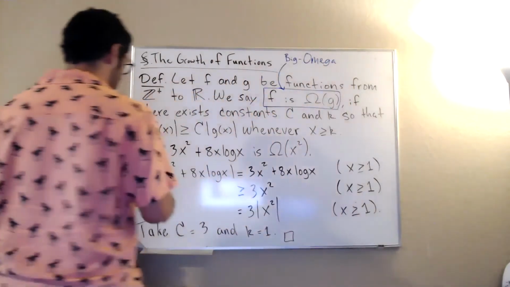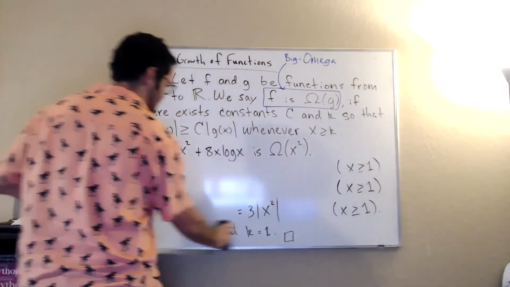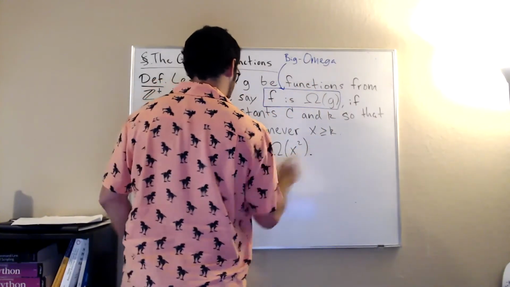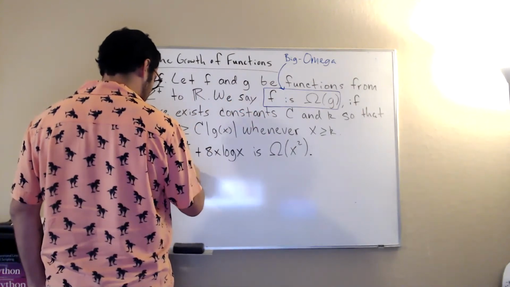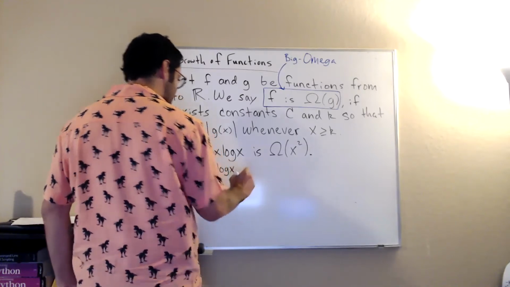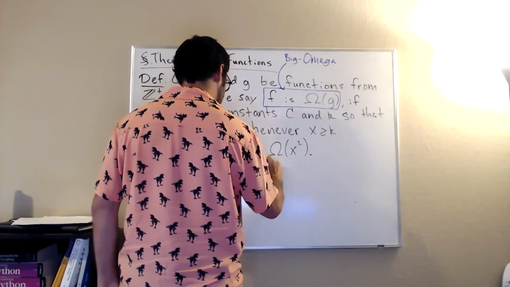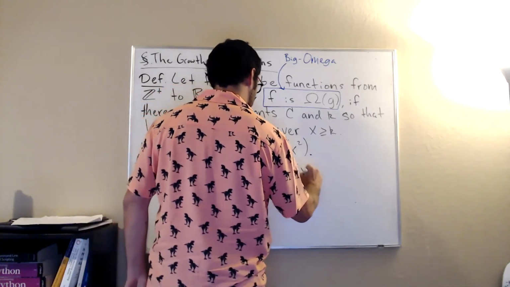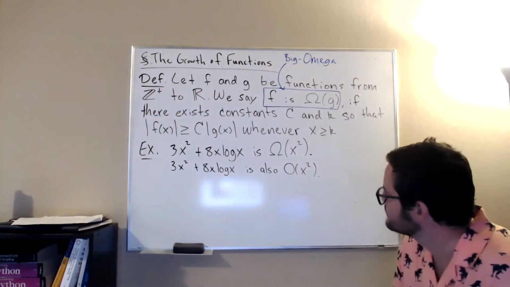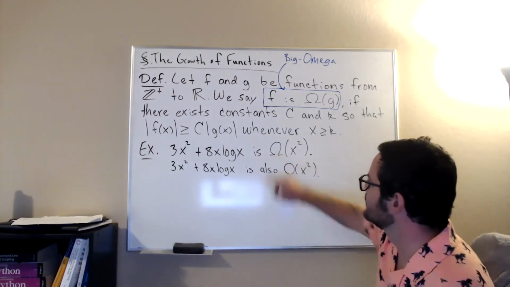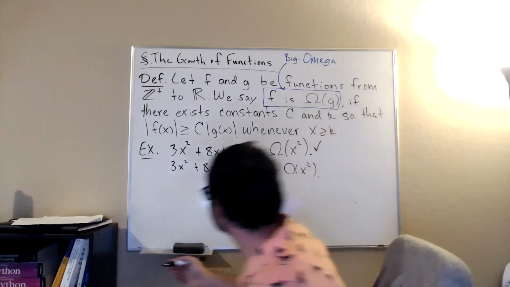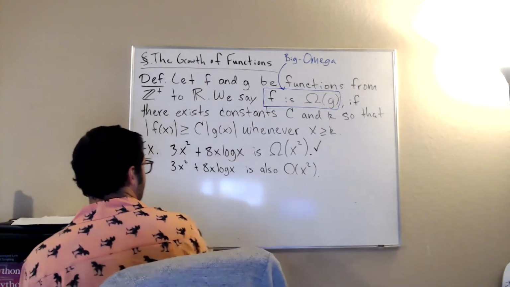But also we can note that 3x squared plus 8x log x is also big O of x squared. This doesn't always happen, but I'm pretty sure that it's going to happen here. We haven't shown that. Let's see if we can bound it above by some constant multiple of x squared.